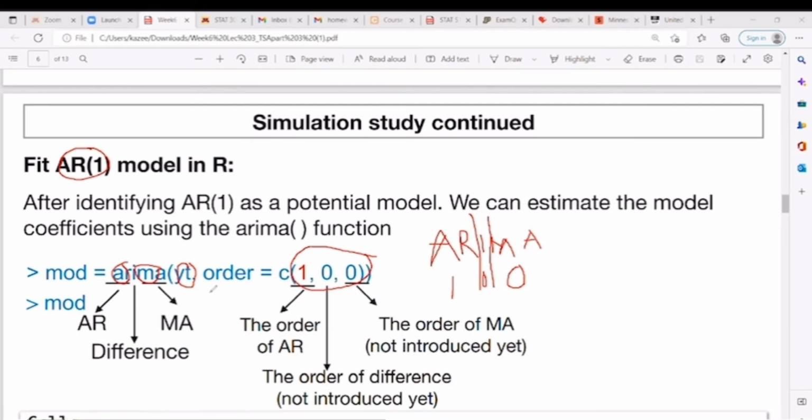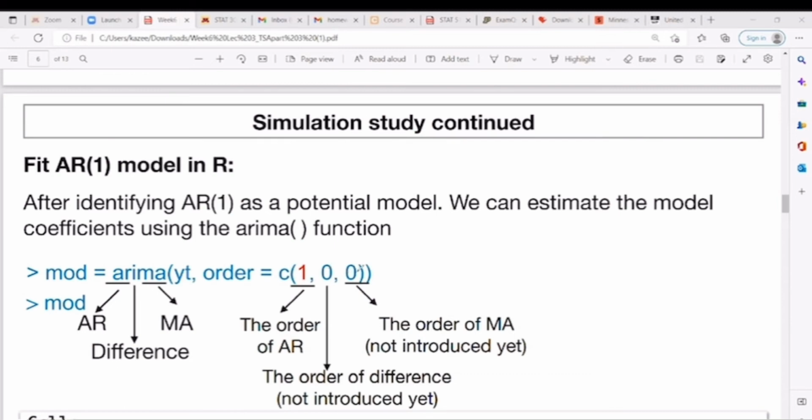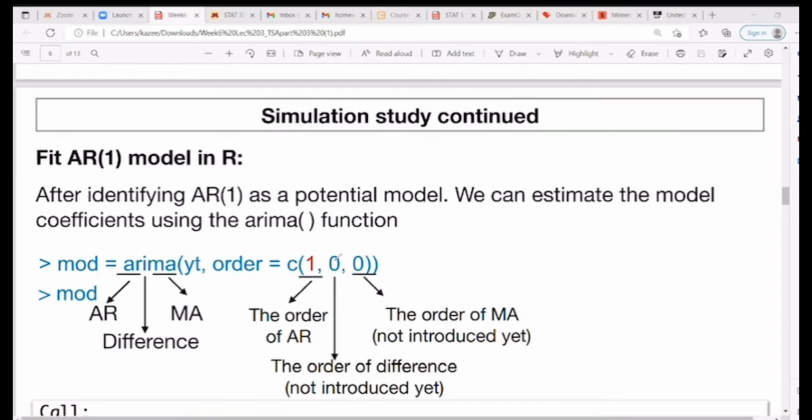But the AR1 here is going to be ARIMA 1, 0, 0. The AR order is 1, the order of differencing is 0. When the data set is stationary, we don't need to difference it. I'm still going to walk you through differencing. We also have another set of time series models that we call the MA, moving average model. But right now we're not interested in that. We're only focusing on AR of order 1.